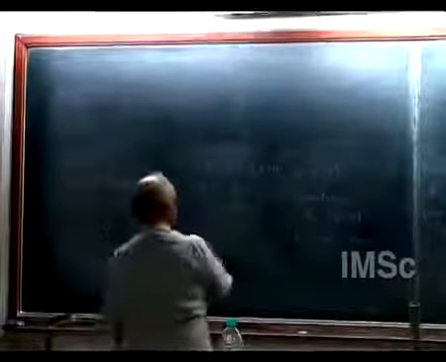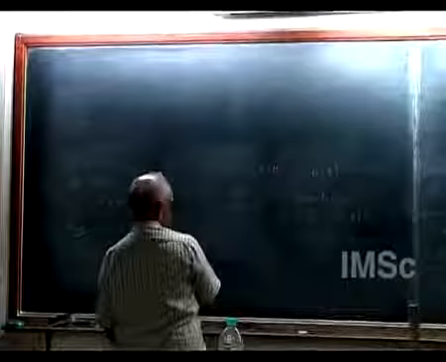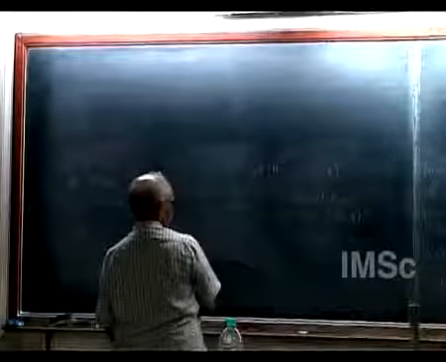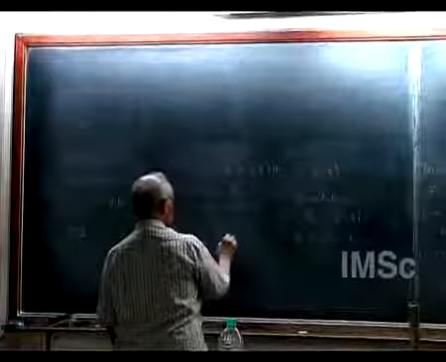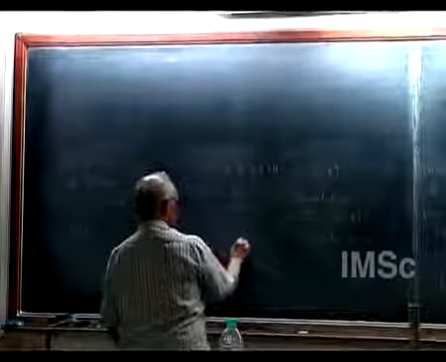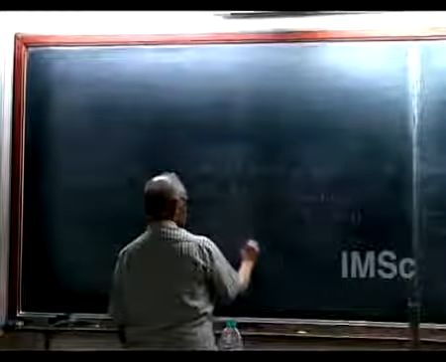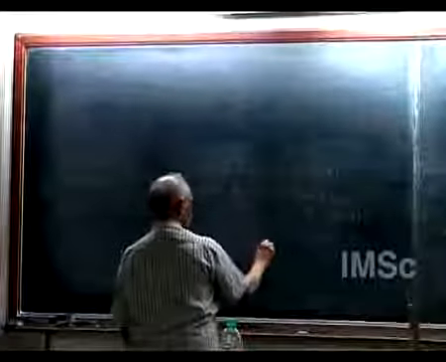This implies g1 inverse g2, the g's cancel, is h1 inverse h2, which belongs to H.